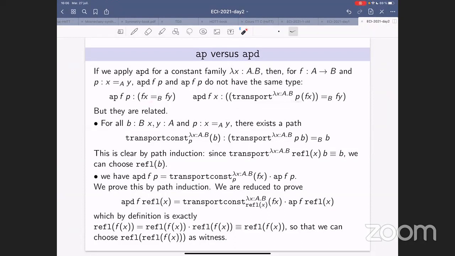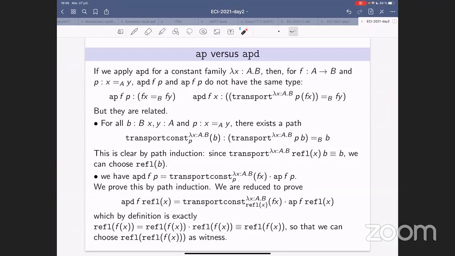This is the second part of this slide. We can show by path induction the existence of a path, which has nothing to do with F of x specifically.